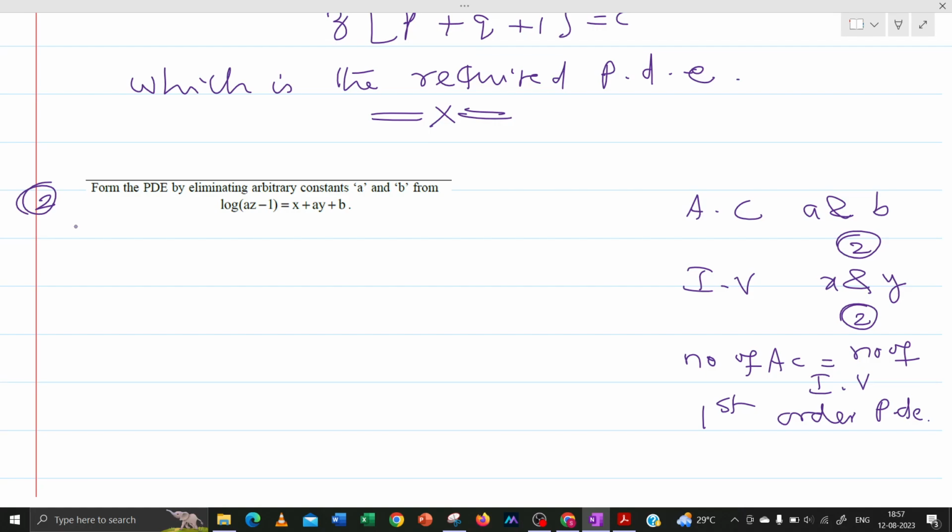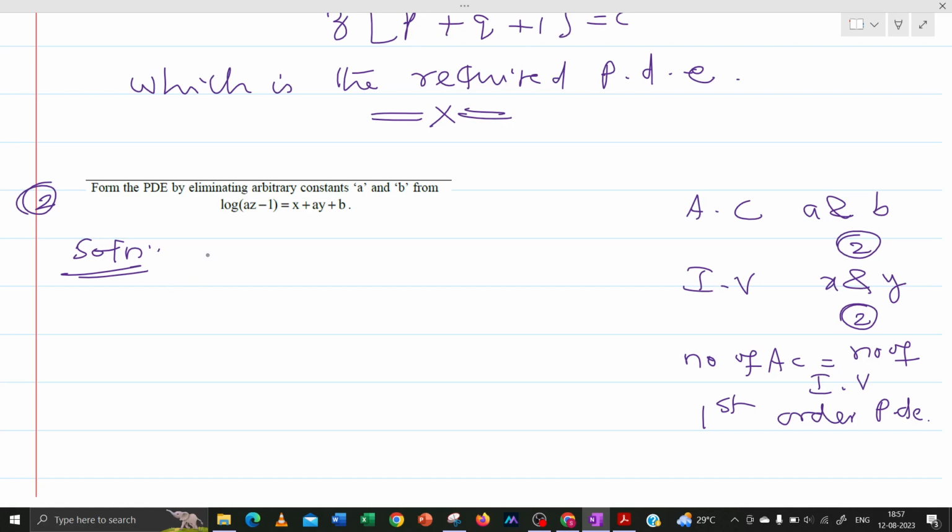Write the solution for this. Fine. You have to differentiate with respect to x and y as usual. What is given here?